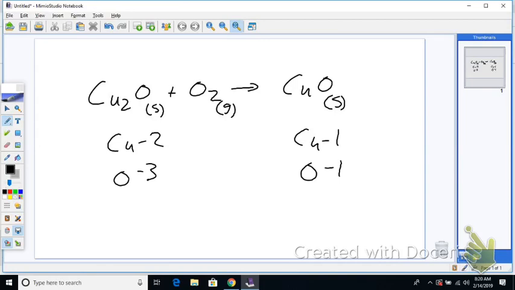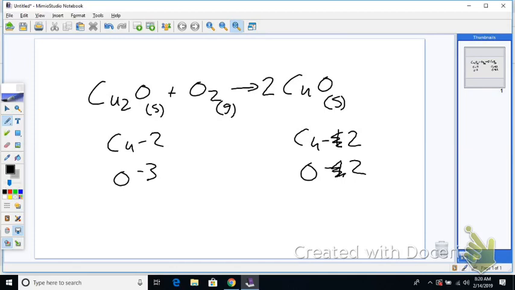So let's say we balance the copper and put a 2 in front. And that's a coefficient. So we got 2 and 2. So we got an issue. The copper is balanced, but the oxygens don't. So you're going to have to find some way to get those to balance by manipulating the left side.